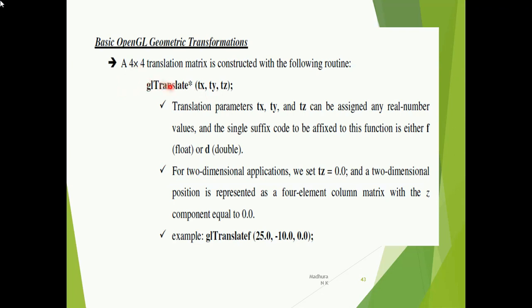So let us see how to write the function for the translation activity. You have glTranslate, with an asterisk here, and the parameters are tx, ty and tz. These parameters will be real number values, and you may have a translation for a 2D plane or a 3D plane.